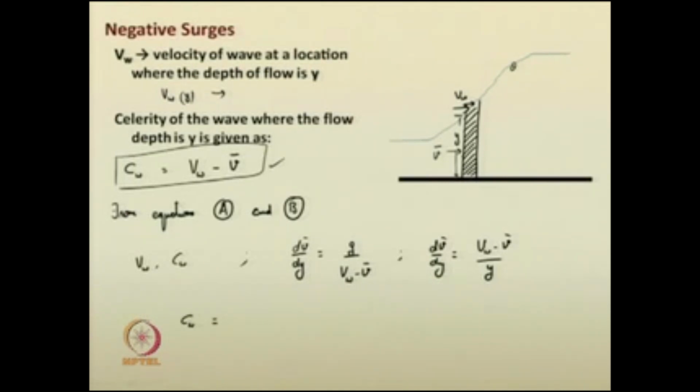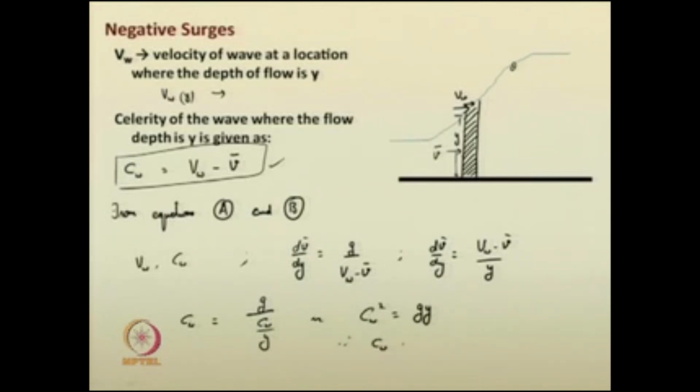C w is equal to g by V, I will write it in terms of celerity, C w by y, or C w squared is equal to g y.